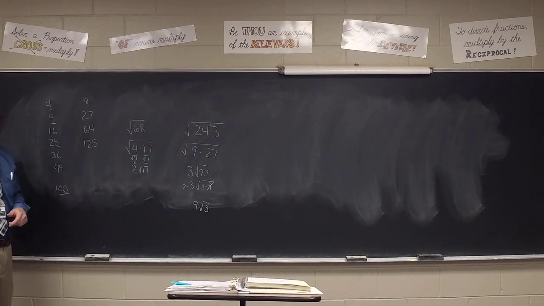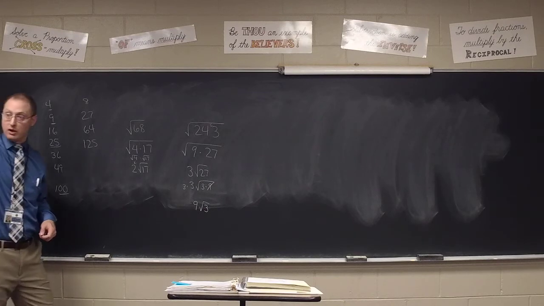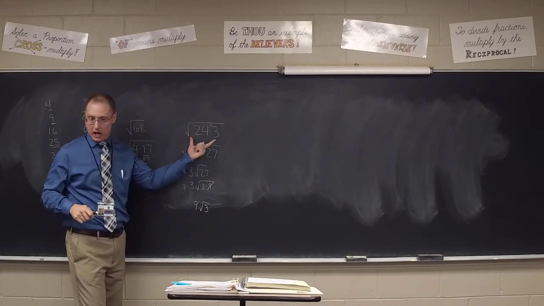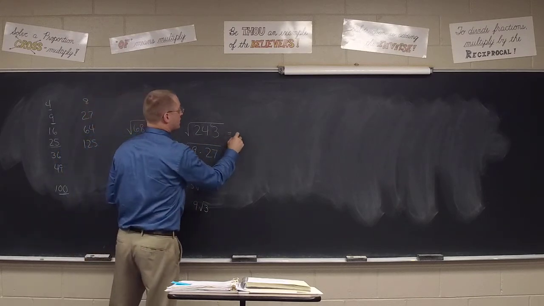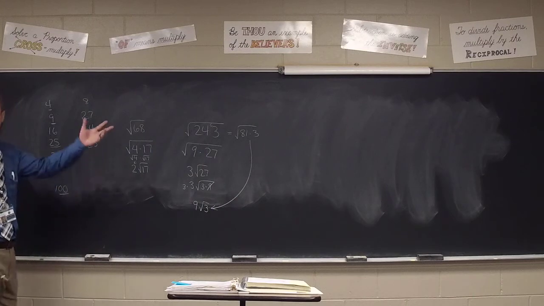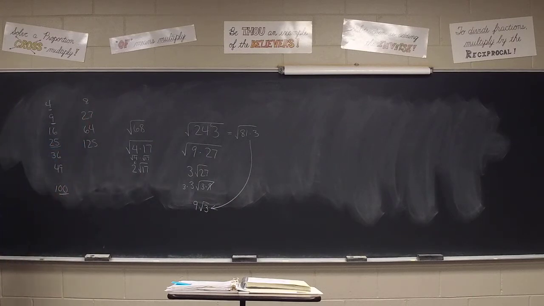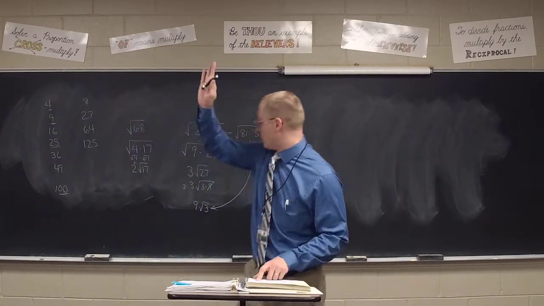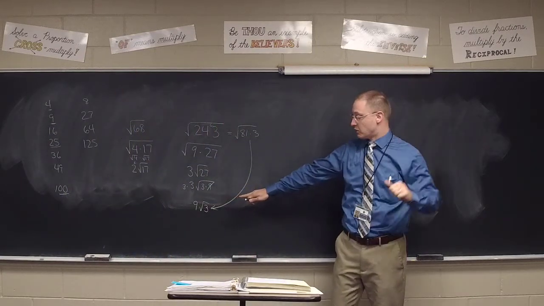Did anyone have a faster way, besides starting with 9 and 27? Aubrey? Yeah, I can't cut it in half because it's an odd number, right? But if I cut it in thirds, 81 times 3 will get me here right away. So bigger numbers, I try to cut them in half, cut them in thirds. That doesn't work. Maybe cut them in fifths, especially if you see the 5. How many ended up with that answer, though? 9 times the square root of 3, regardless of how you approached it.